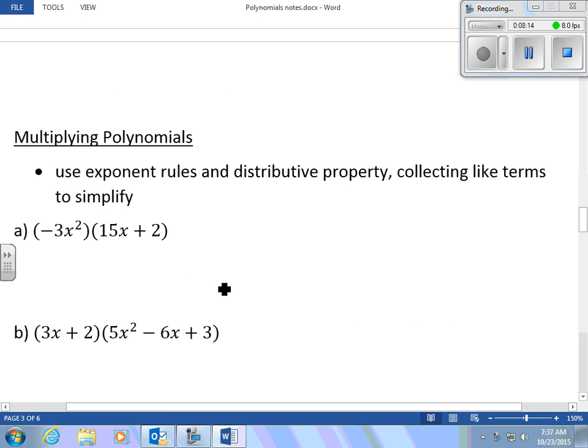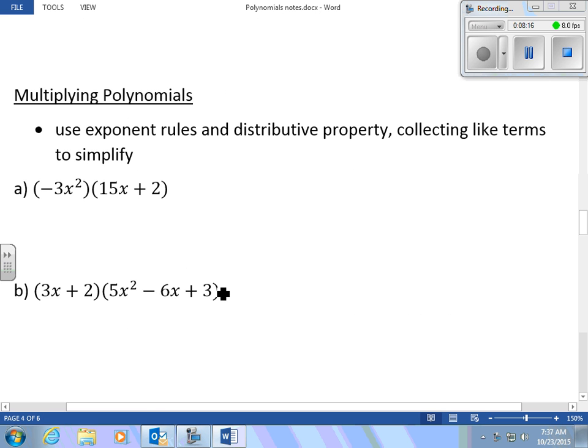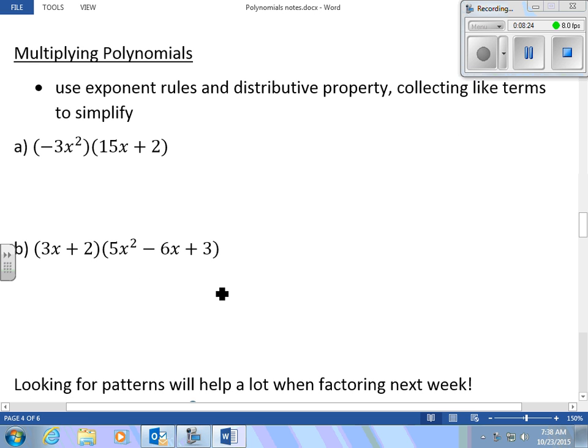Multiplying polynomials, and this is what the rest of this lesson is on, and the rules don't change, but what we're going to do is start looking for patterns to make multiplying polynomials a fast process, and in many cases eventually a one-step process, so that we can multiply polynomials quickly.